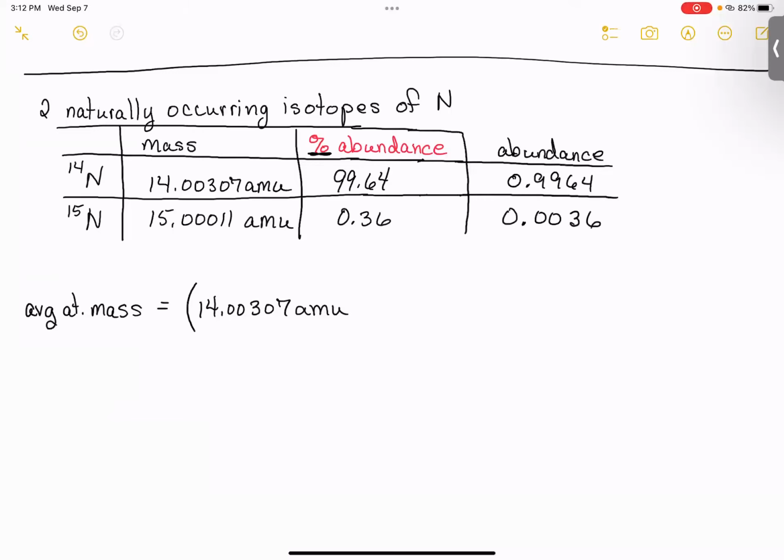Okay. We're going to take that 14.00307 atomic mass units and multiply it by 0.9964. To that, we are going to add the 15.00011 atomic mass units times 0.0036.